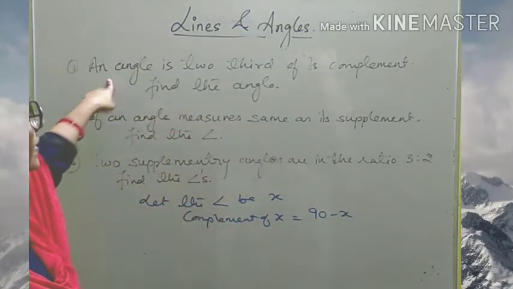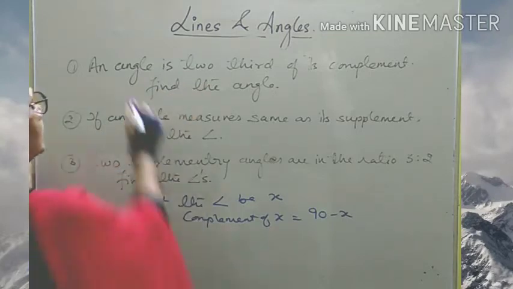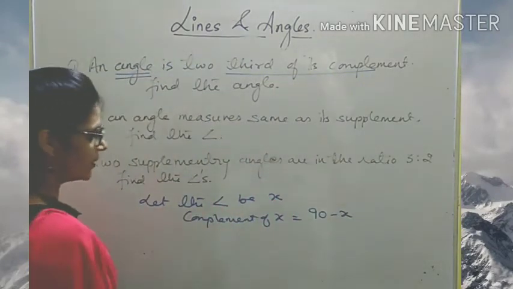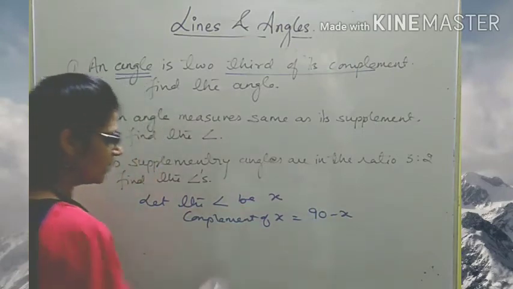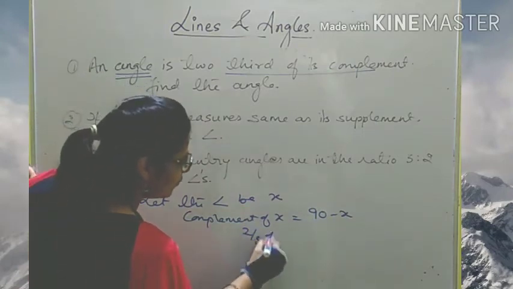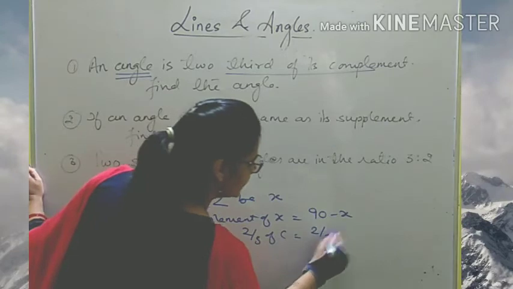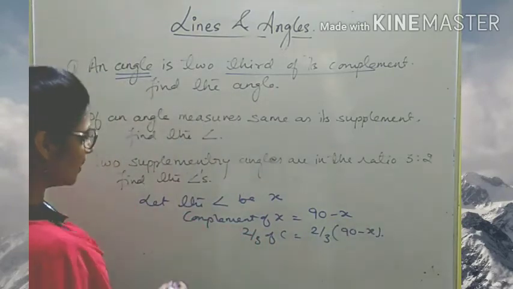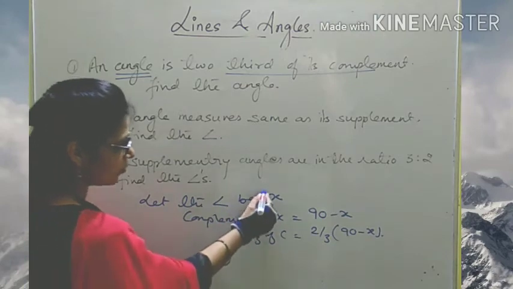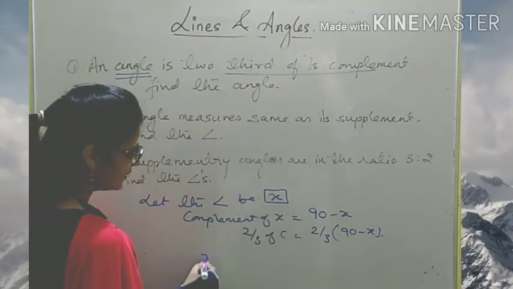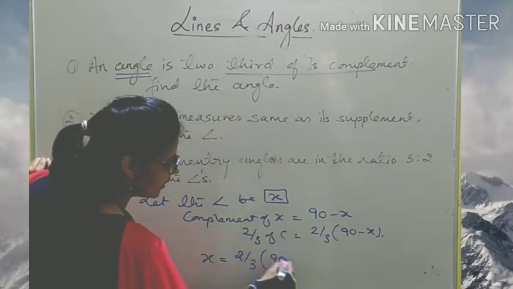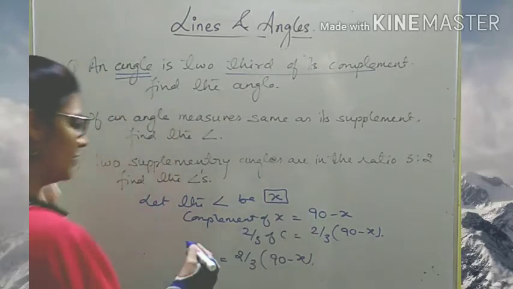What is given? The angle is 2/3 of its complement. Now what is 2/3 of this complement? 2/3 of the complement will be 2/3 times (90 minus x). And according to the problem, what is our angle? x. This x is 2/3 of its complement.